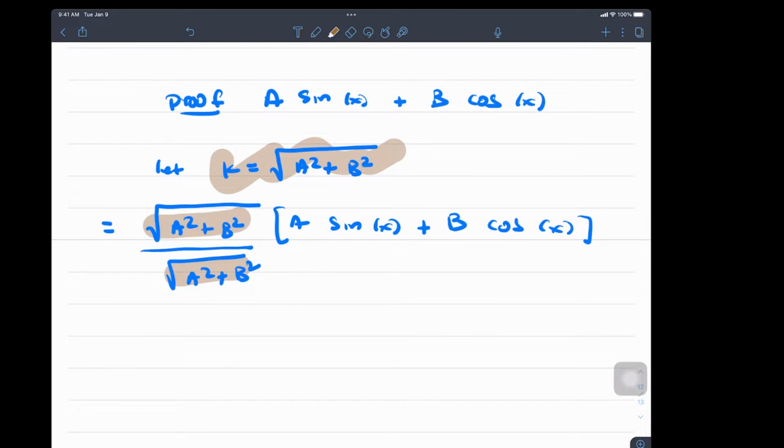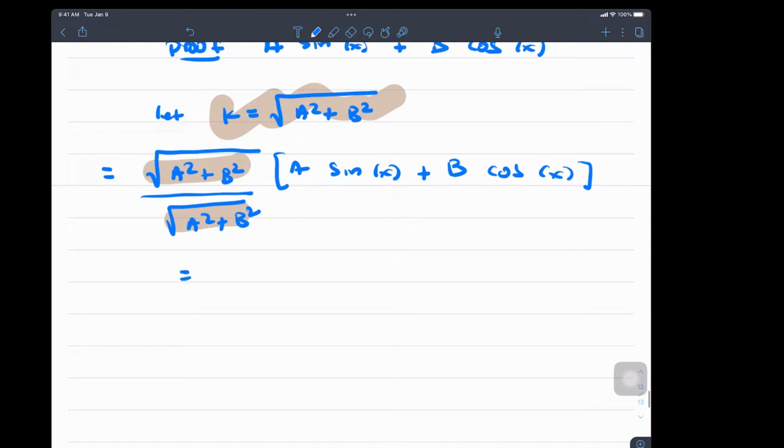So we don't change the equality there at all. Now, I'm going to distribute here. I'm going to leave outside the numerator, and then that's going to distribute to the denominator.